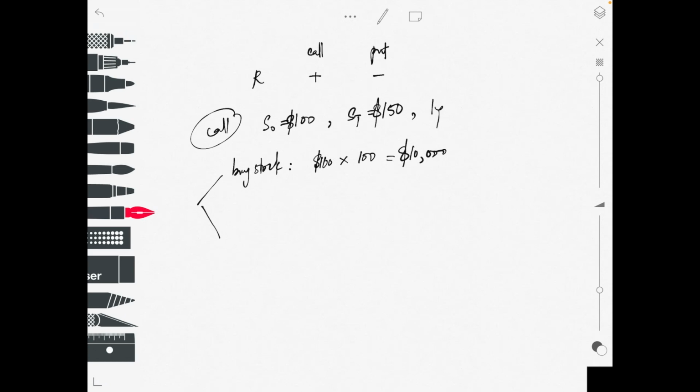How about if we buy the option? It's the same, but if we buy the option, say for 100 shares, you also need to pay something. But your initial investment today, if you buy the option, is much cheaper.